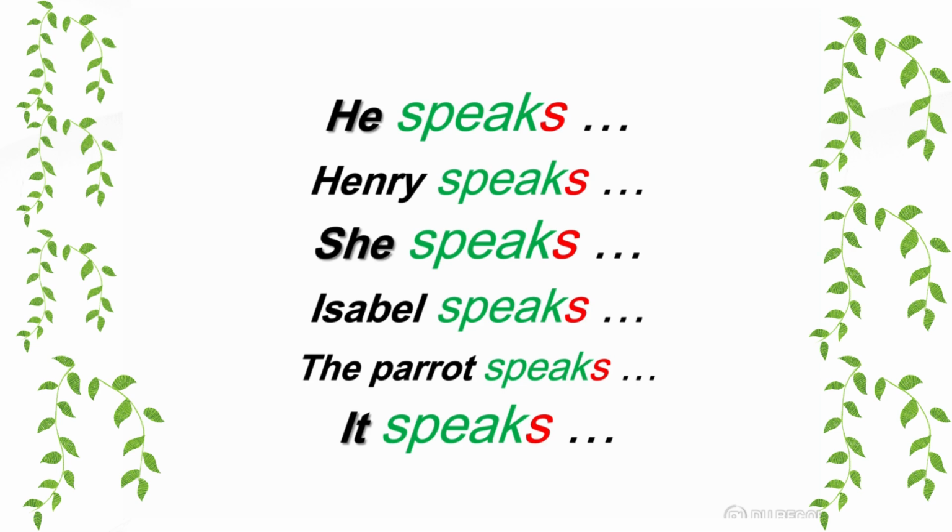So this is the rule. He speaks. If you write he speak, it's not correct. Henry speak is not correct. So you need to write Henry speaks. She speaks. Isabel speaks. The parrot speaks. It speaks. I use the parrot just in this slide or another slide, so two slides, and we are going to use just he and she, and the names of men and women.